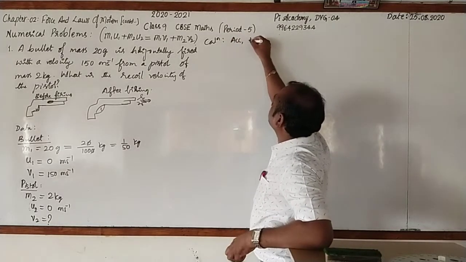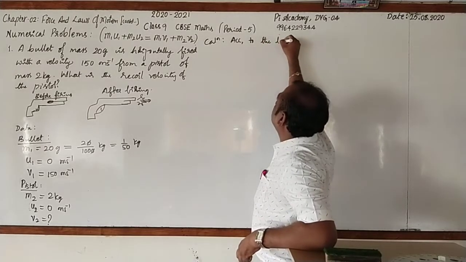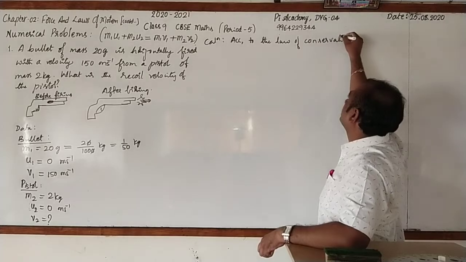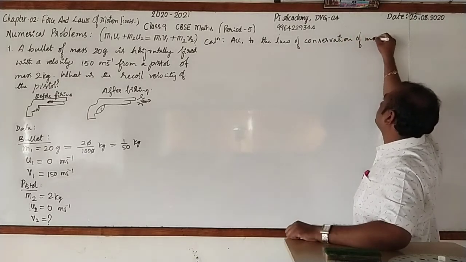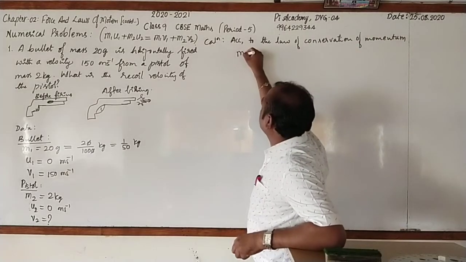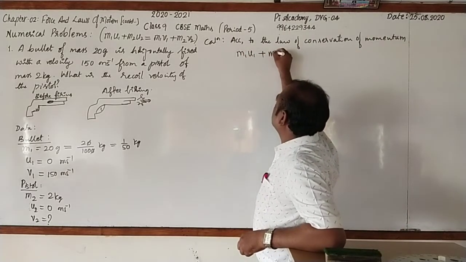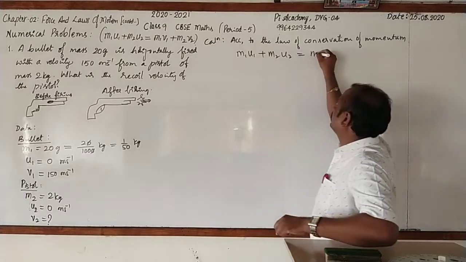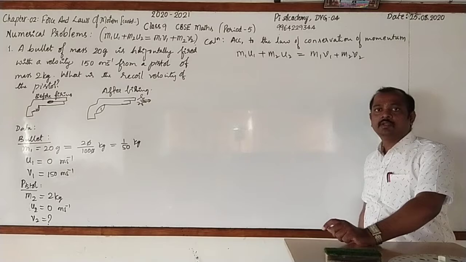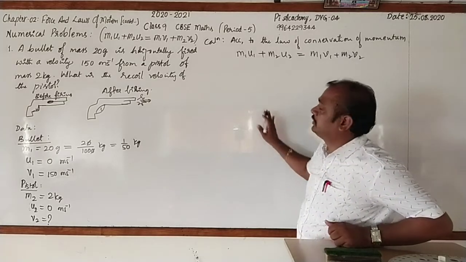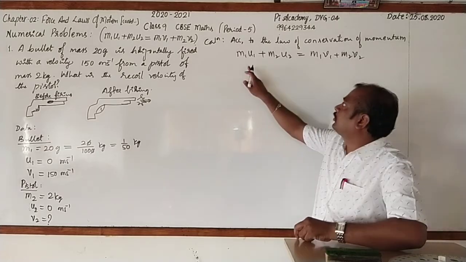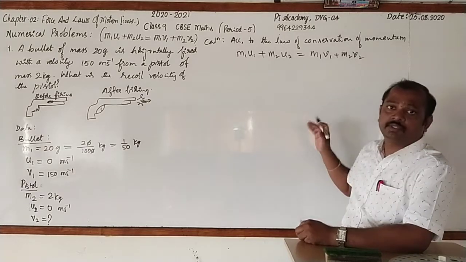Here I write, according to the law of conservation of momentum, m1u1 plus m2u2 is equal to m1v1 plus m2v2. Now let us go for substituting. Substitution is also very important. First substitute M1, M2. Then it will be easier.